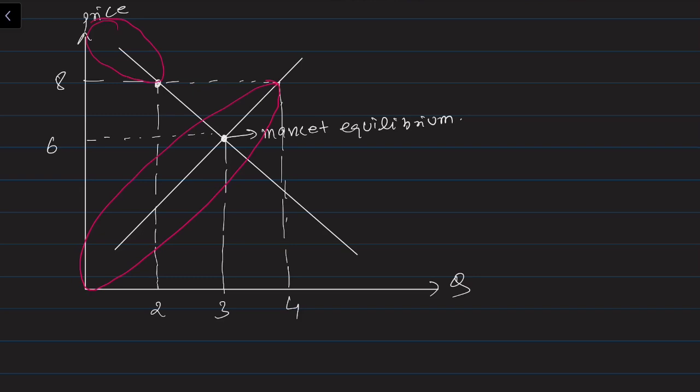They want to sell their goods in the market at this price. But since the quantity demanded is only 2 units, there will be 2 producers in the market who will be unsatisfied.